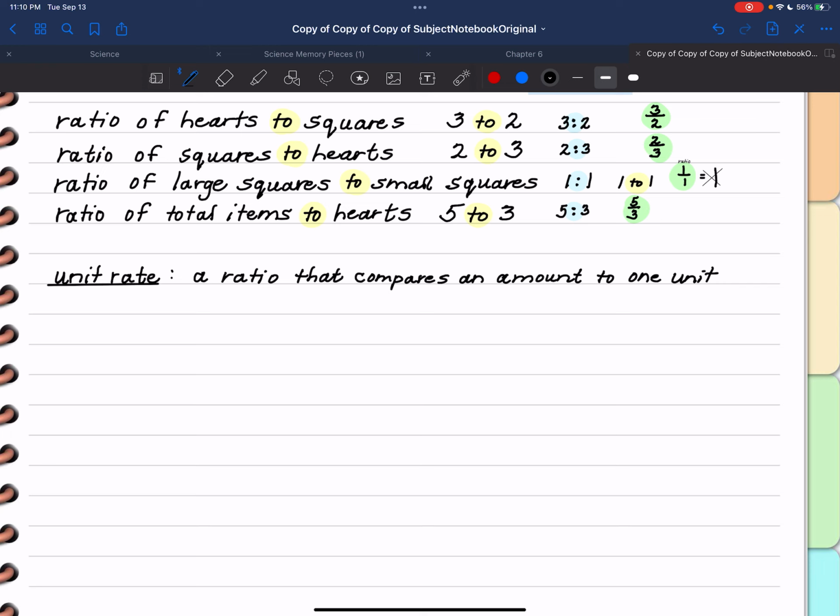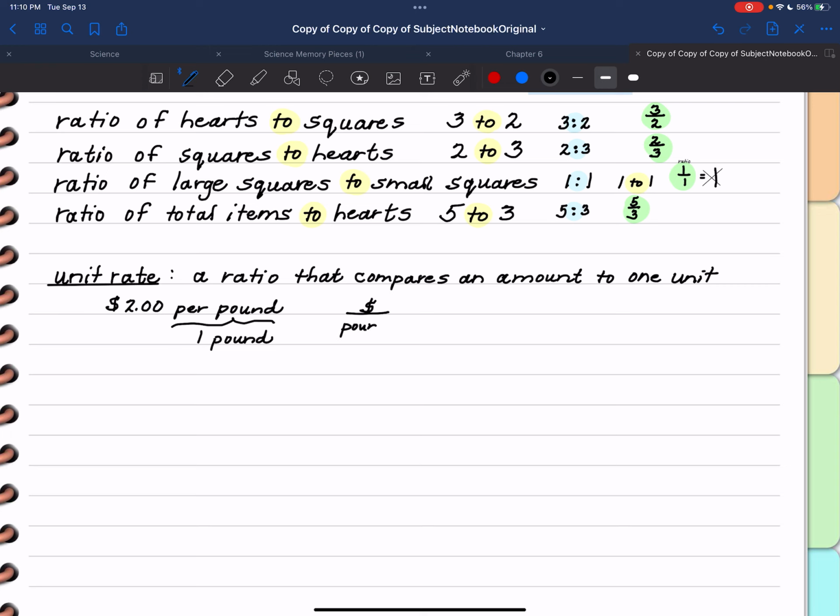For example, $2 per pound. Maybe apples cost $2 per pound. So you have to know that per pound means 1 pound. So your ratio would be a comparison of dollars to pounds.